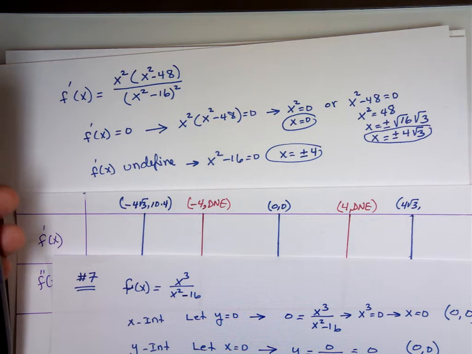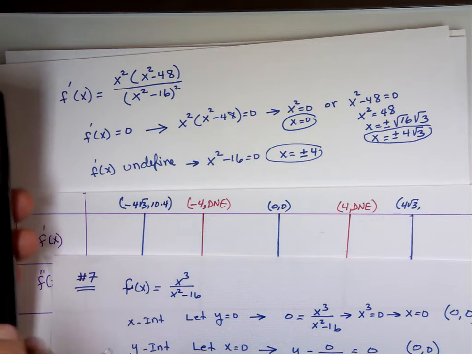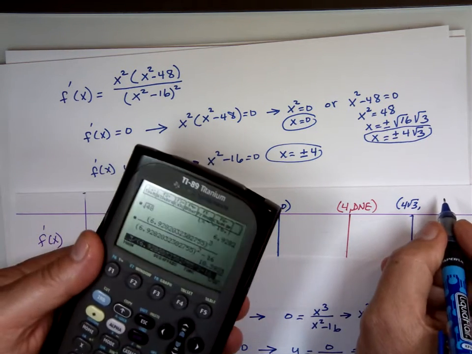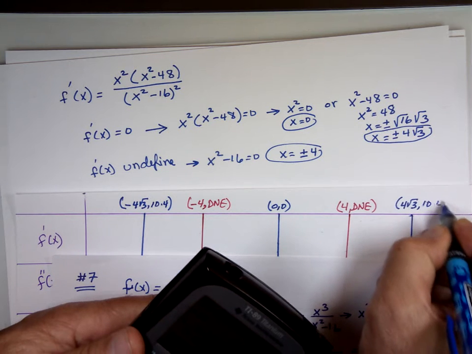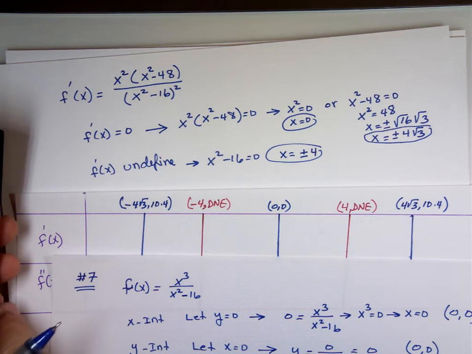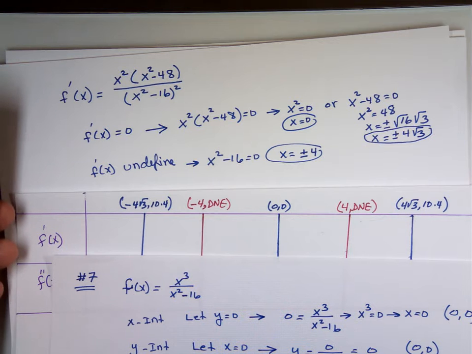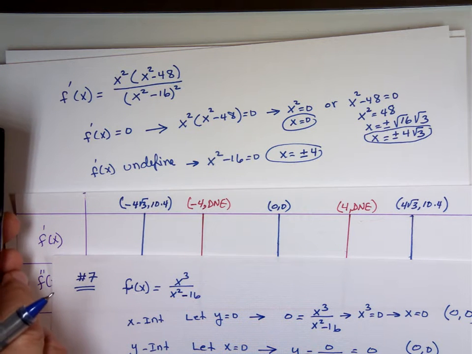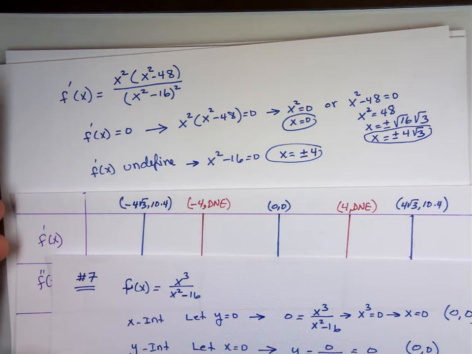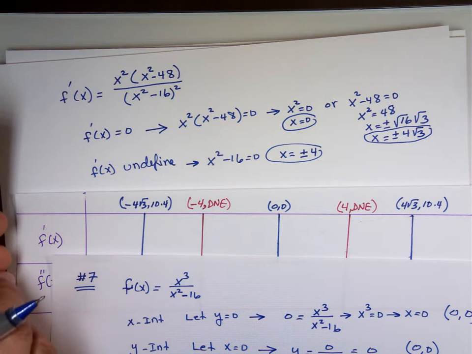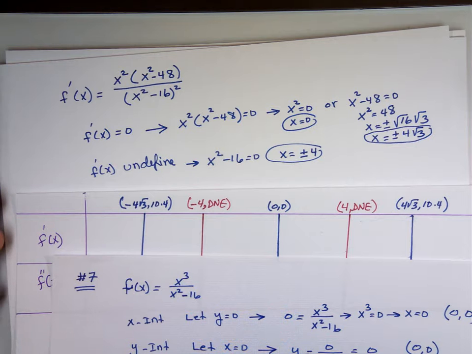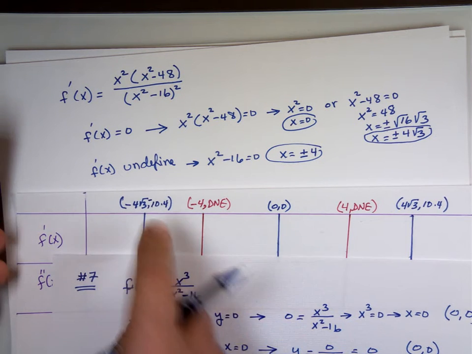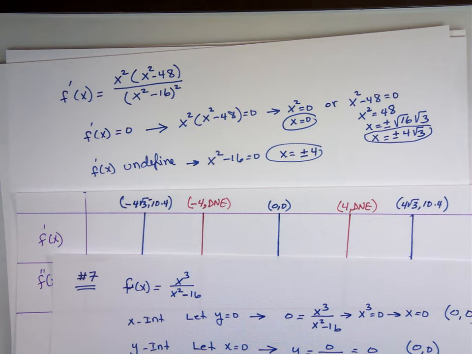That was a minus, right? I forgot that. The 10.4 is here. I used the plus. Let's see what the minus is. Minus to the power 3 divided by that number to the power of 2 minus the 16. This is a negative 10.4 and that's a plus 10.4 approximately. Remember, that's a negative.